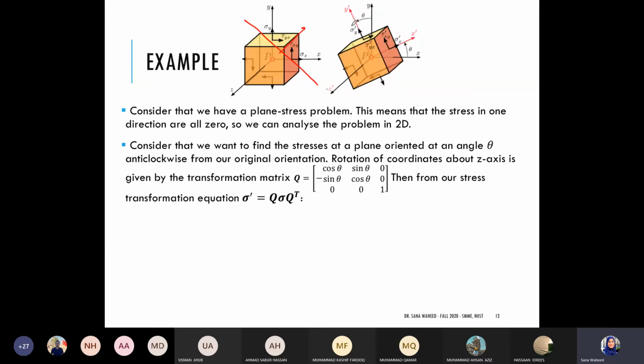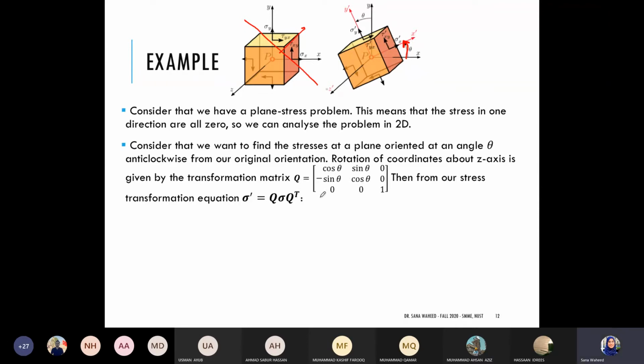Now, as I said, just take my word for it, that if I perform a coordinate rotation going from this xy to x prime y prime, which is anti-clockwise theta, if you look at it, I've rotated my axes in the anti-clockwise direction, here it is.